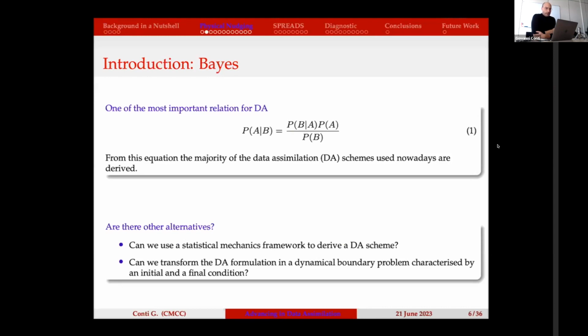So all the main schemes of data assimilation can be based, after some assumptions, on this relation, the Bayes theorem, in which we have P_A, our prior distribution. In the ensemble Kalman filter, for example, it is a Gaussian in which the covariance matrix is computed exploiting the ensemble.